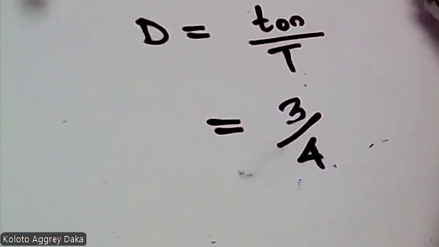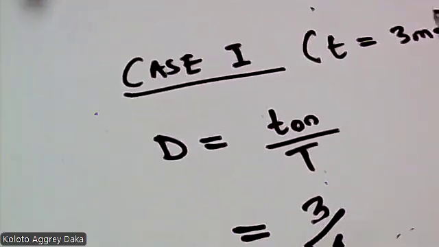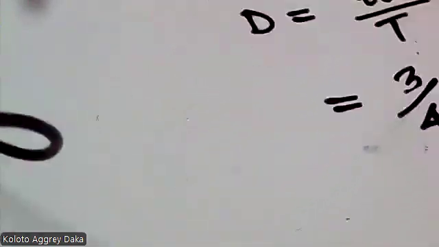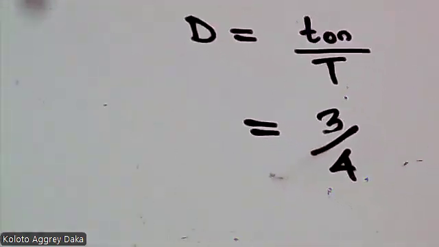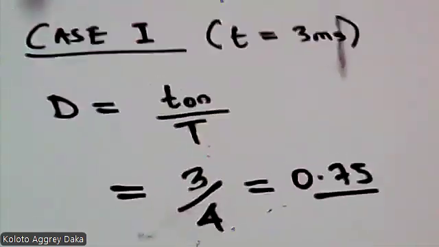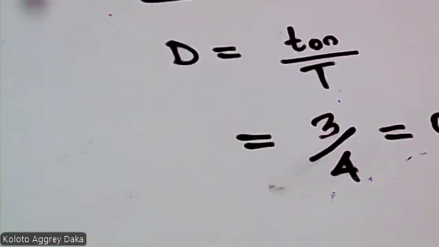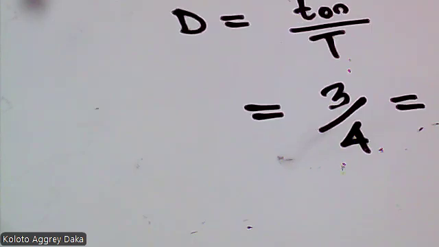So 3 over 4 gives 0.75. That is our duty cycle, very important.